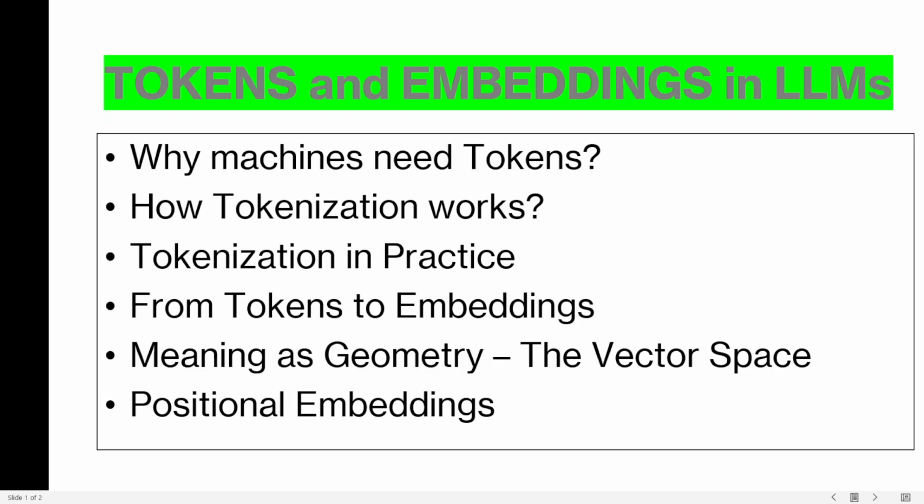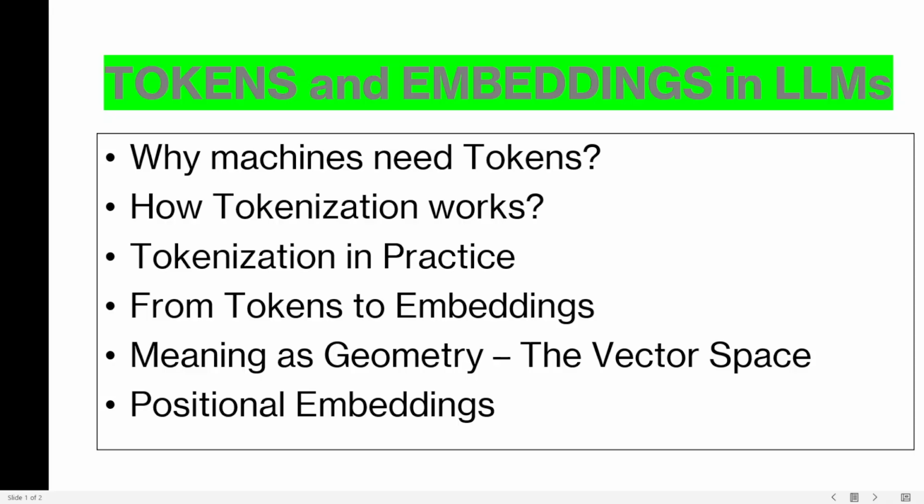For example, the sentence "I like AI" might become "I", " like", " AI", which map to IDs like some numbers, 40, 18, 95. Notice that spaces are often included as part of tokens. That leading space before like and AI is significant.